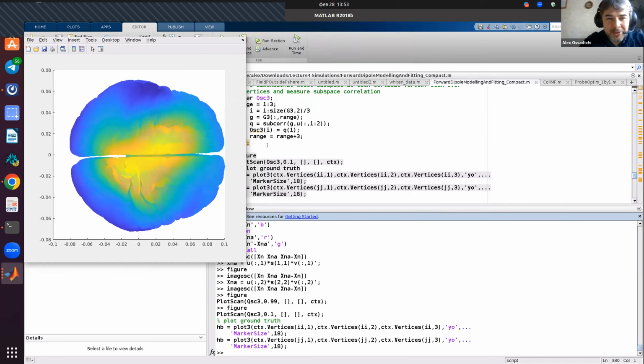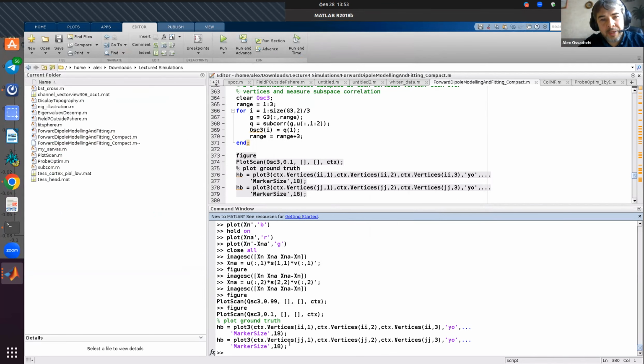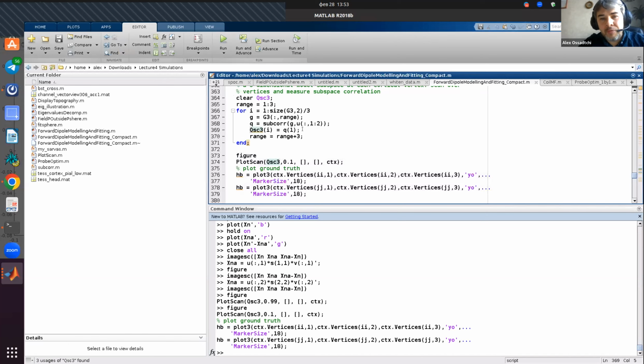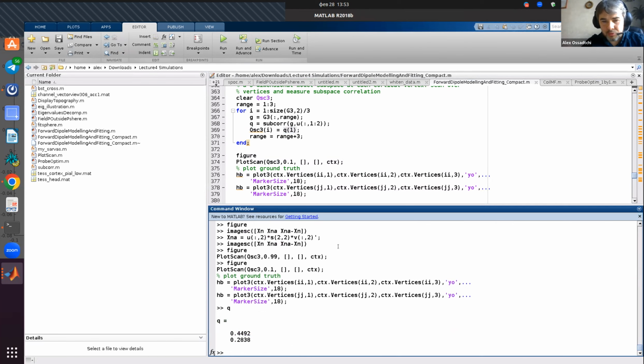So what he said is, why don't you plot this kind of map? This is called the subspace scan. The subspace scan is simply the amount of subspace correlation. Here we've taken the first subspace correlation, the first angle, the best angle, the smallest angle, because technically Q has two elements to it.